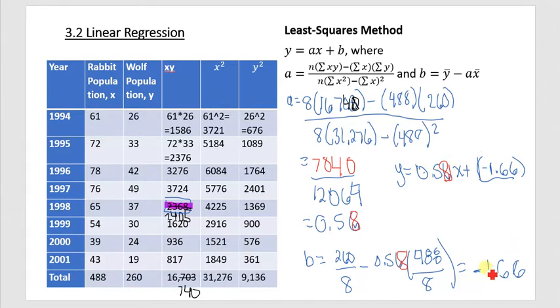Oh, that really changes this answer. I get negative 2.88. All right, 2.88, and that looks a little bit better. That's much more accurate.